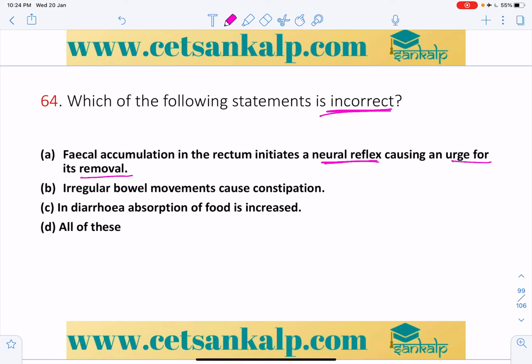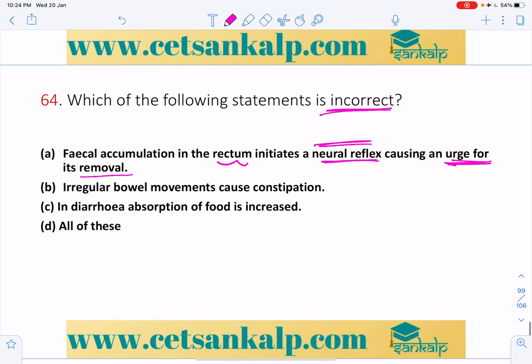Generally, once the rectum gets filled, it initiates the urge. The rectum temporarily stores the feces. Yes, fecal accumulation in the rectum initiates a neural reflex, which makes the anal sphincter relax.